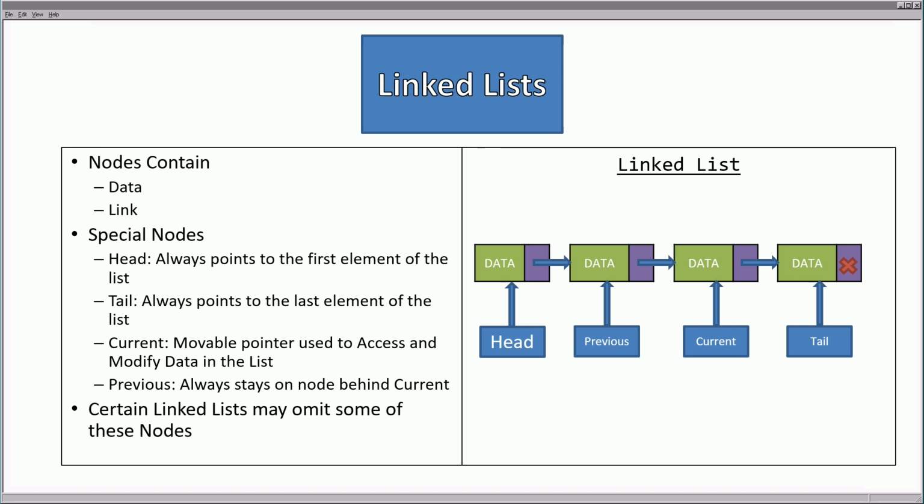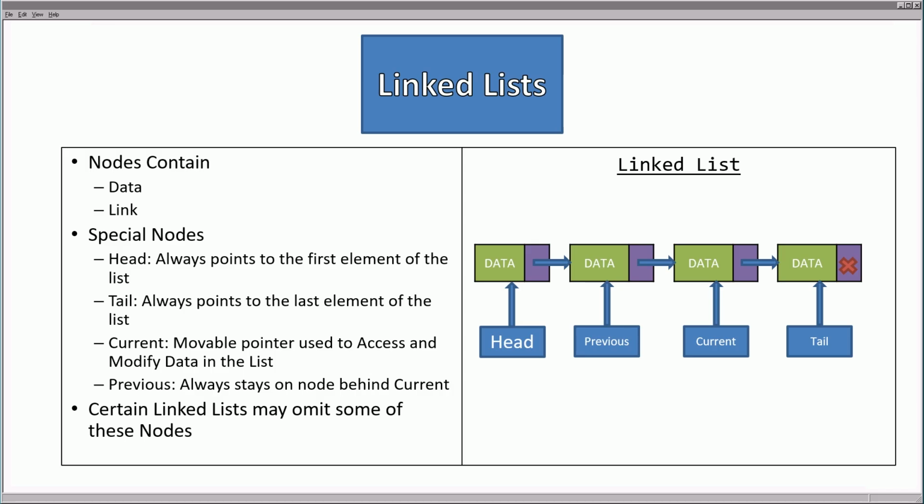Now first, in a linked list, it contains a structure called a node. The node groups together data with a link. The link is the element that points to the next element, the next part of the list. In a lot of cases, these linked lists, you have very special identifiers.